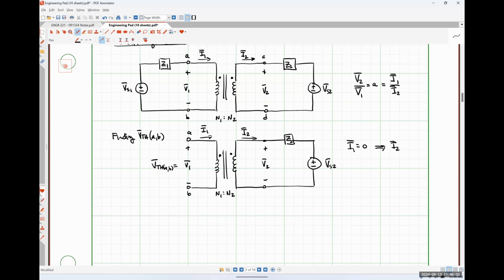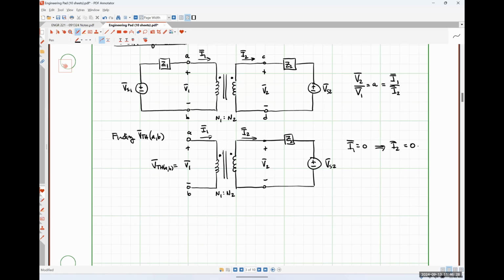It's also 0. Can't be anything else, right? If we step up 0, it's 0. If we step down 0, it's 0 because 0 times A is still 0. So our secondary current has to be 0 in this case.